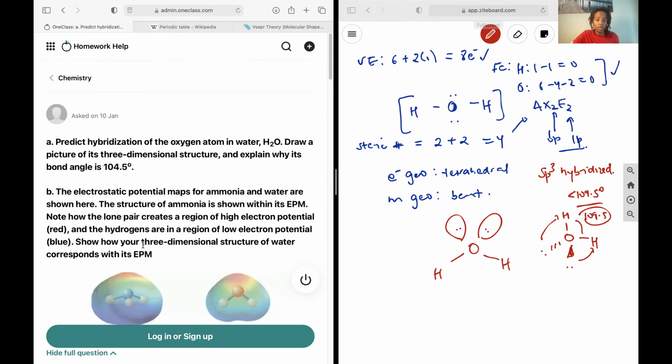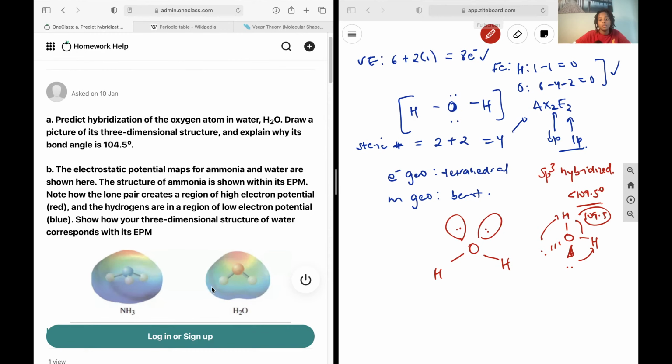Okay, next up, we would like to explain the electrostatic potential map for water and see how it corresponds with what we've been given here.